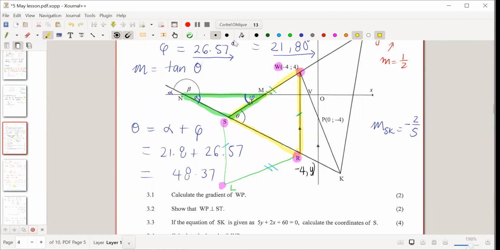Does everybody follow the logic and the strategy for answering that bit of the question? So to find the area of the parallelogram, we are going to find the area of triangle SWR because the other triangle has the exact same area. Wonderful. So we have yeses in the chat box again.